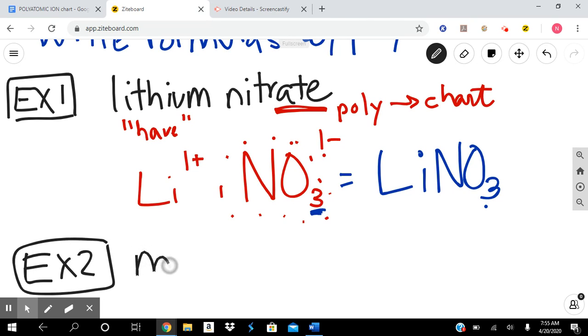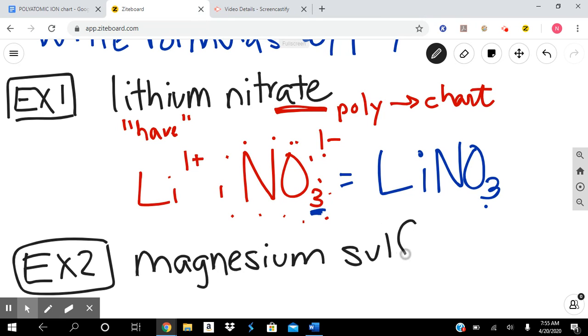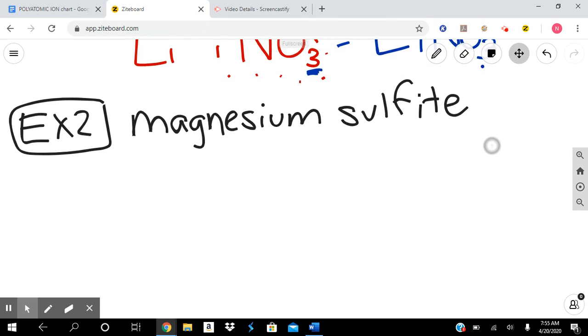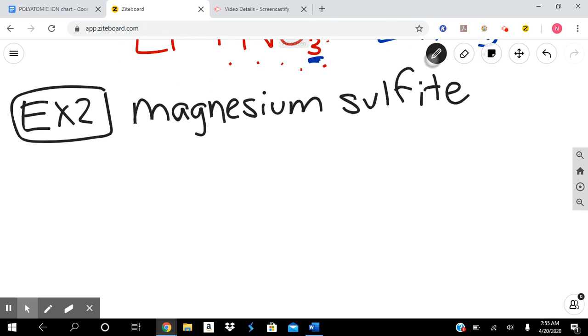All right, example 2. Let's do magnesium sulfite. Magnesium sulfite. So find magnesium on the periodic table and write its charge.